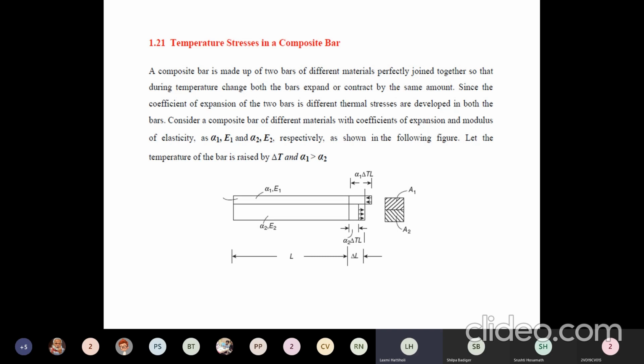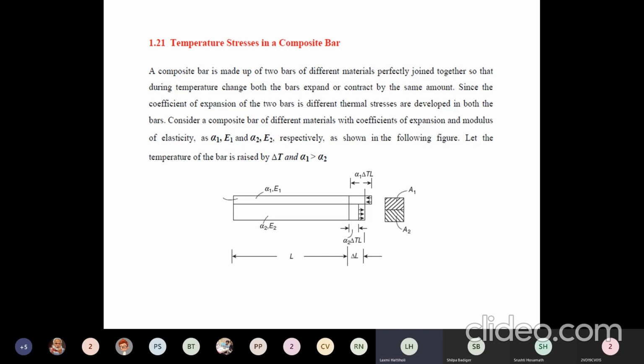So first material, I have just observed the direction. Please concentrate on the arrow direction. That's very important here in this particular diagram. So in the first picture, it is alpha delta T L. Now similarly, as it has already been mentioned in the slide, alpha 1 is greater than alpha 2.